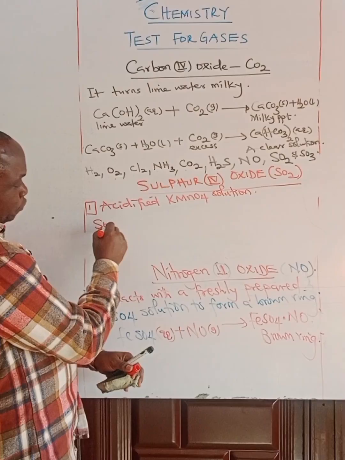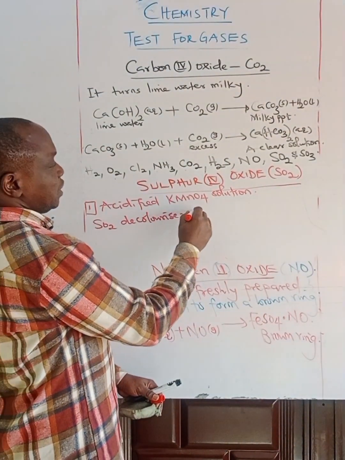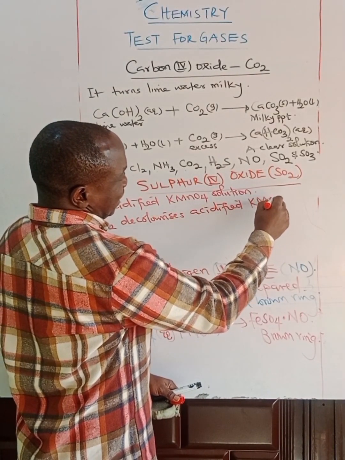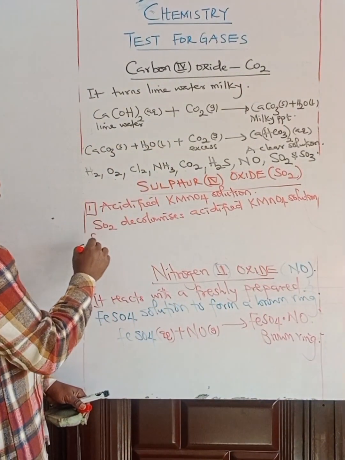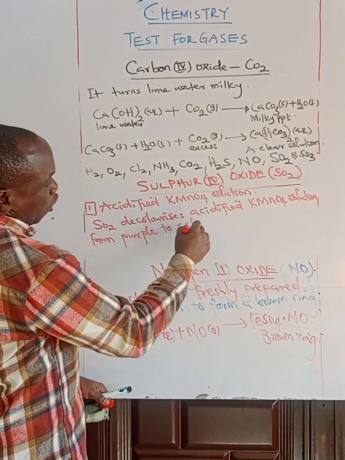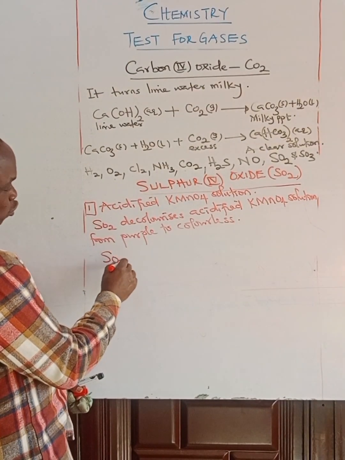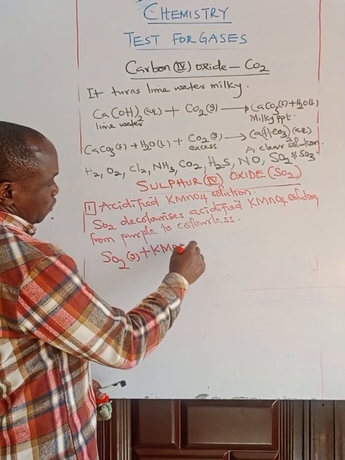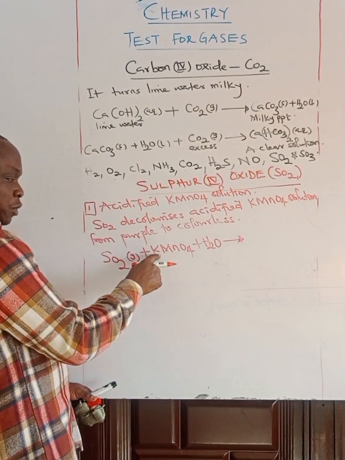SO2 decolorizes acidified KMnO4 solution from purple to colorless without a yellow precipitate of sulfur. So we have the equation: SO2 gas plus KMnO4 plus water.